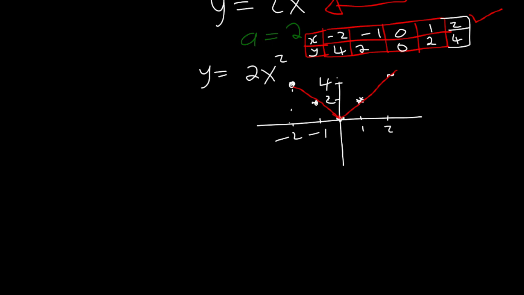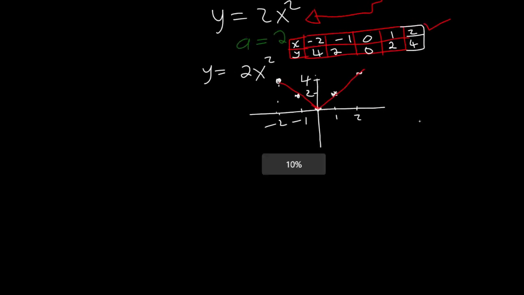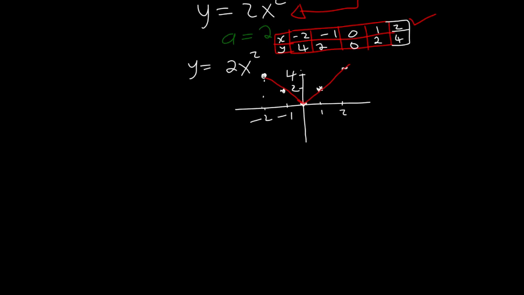What about if a was -2? If a is equal to -2, the equation will be -2x squared. What does this mean?